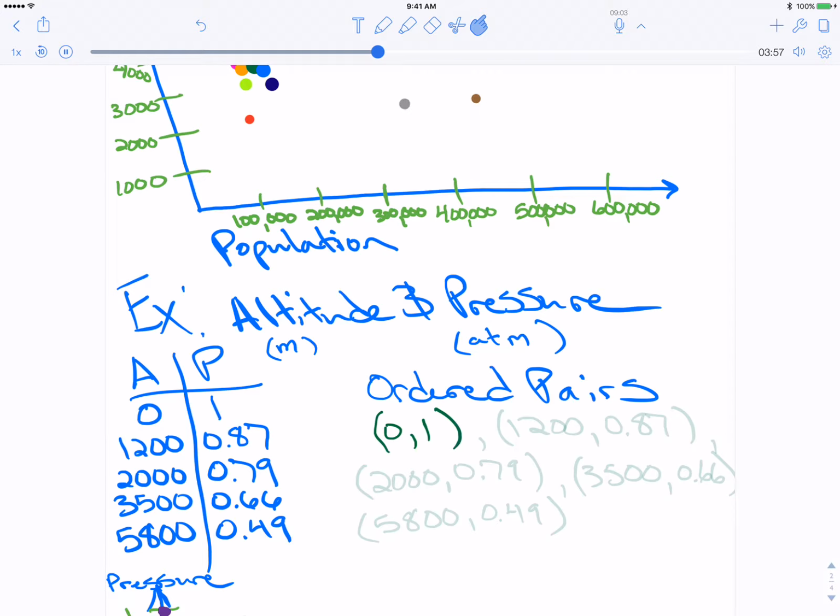So that means that on the horizontal axis I'm at 0, and on the vertical axis I'm at 1, and that corresponds to the location of the point in this plot.